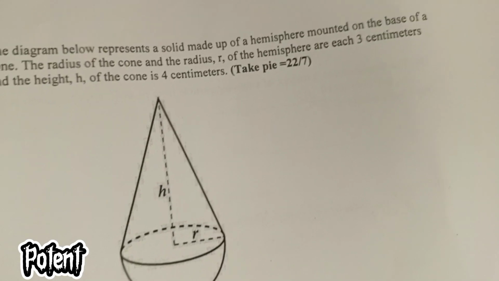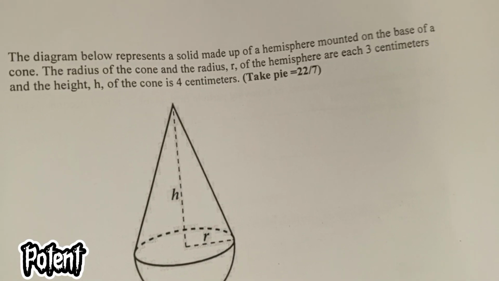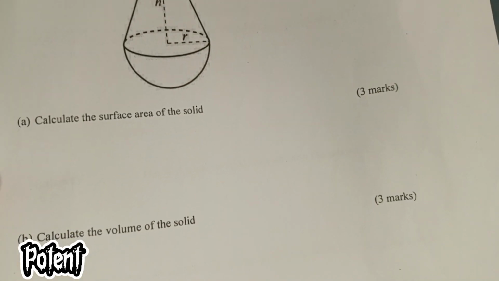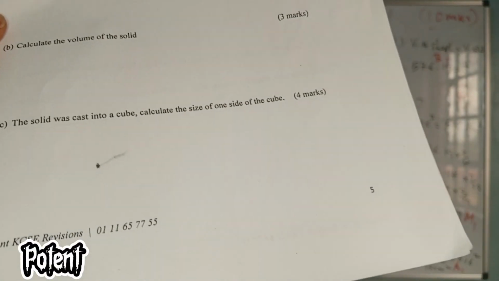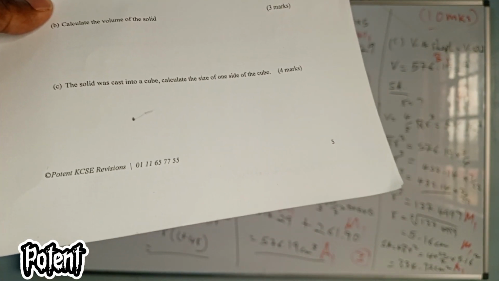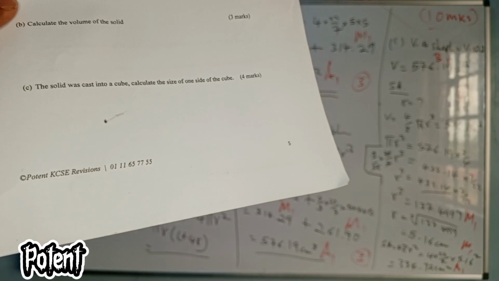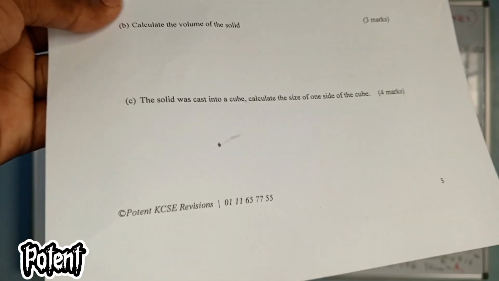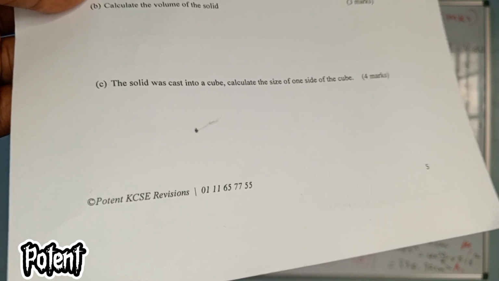The other one you were given as 12. Now this time you are given as 4. The radius is 3 centimeters. Now solve this question. Again, find the surface area, find the volume. Then the last part, you are told the solid was cast into a cube. Calculate the size of one side of the cube. So just finding the size of one side, or you can also find the surface area and the volume.